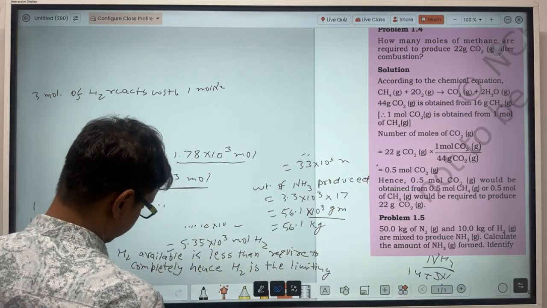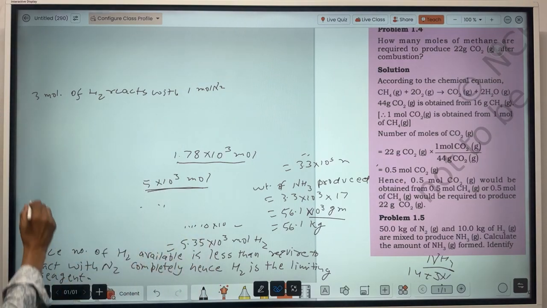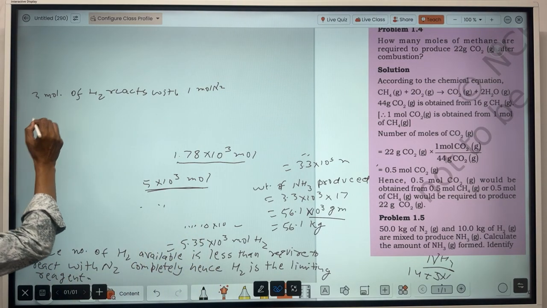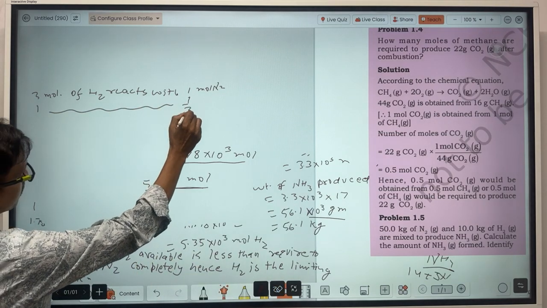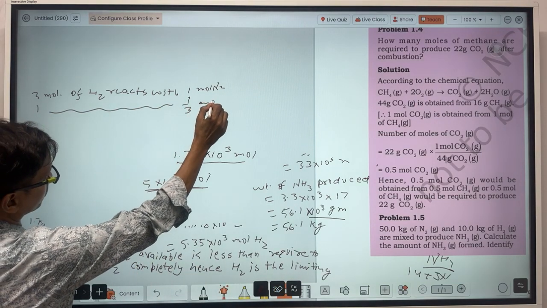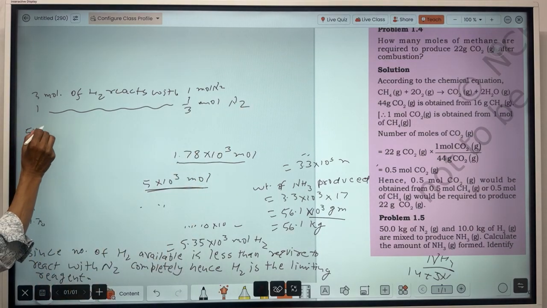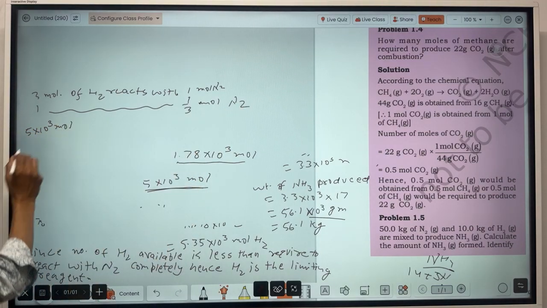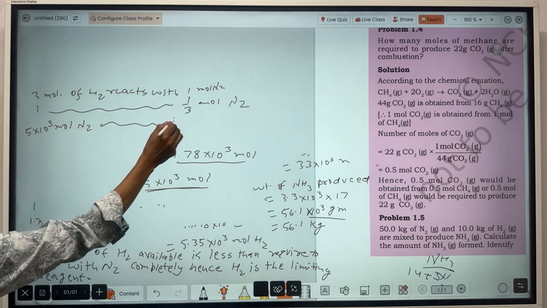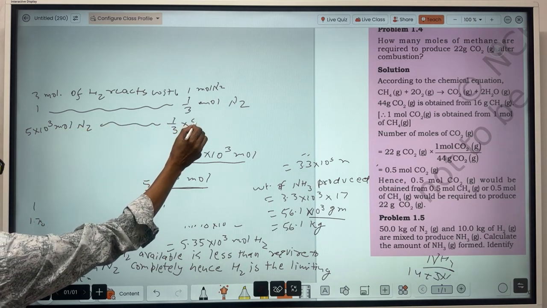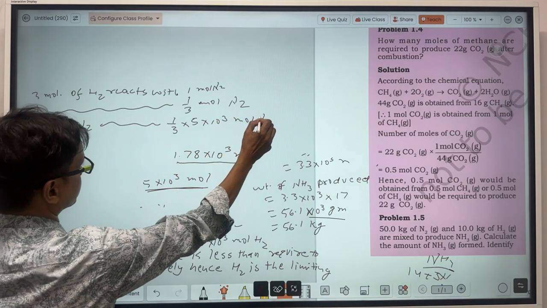So you have 5 into 10 power 3 mole hydrogen. 1 mole hydrogen will react with 1 by 3 mole nitrogen. So 1 by 3 into 5 into 10 power 3 mole of nitrogen will react.